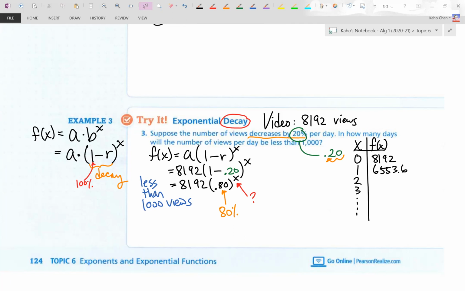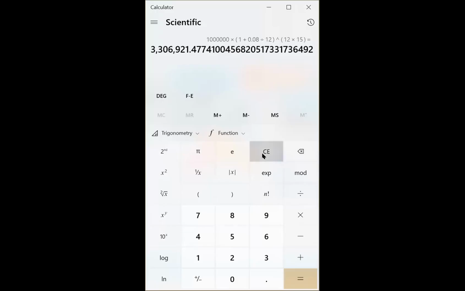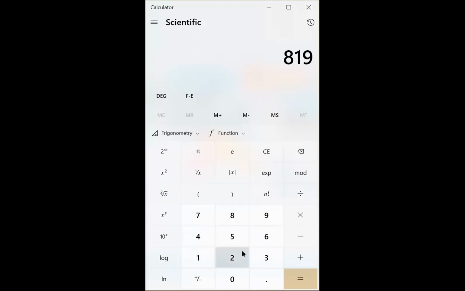Let's switch over to our calculator, and we have 8,192 views on the first day times 0.8. Bam. Okay, that's 1. Times another 0.8. 2. Are we below 1,000 yet? So we're manually using our calculator to check this out, okay?